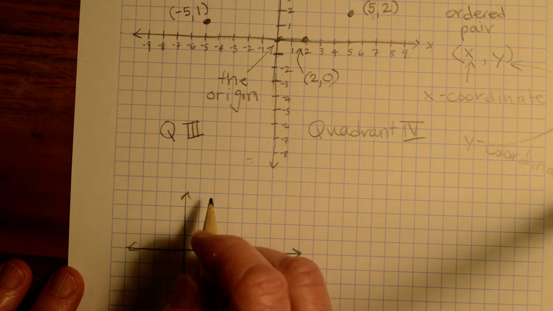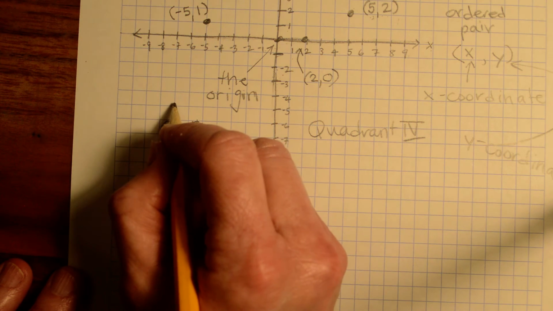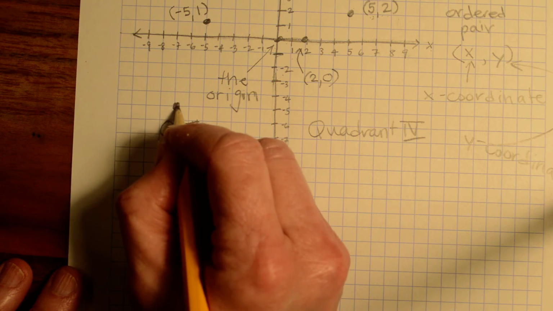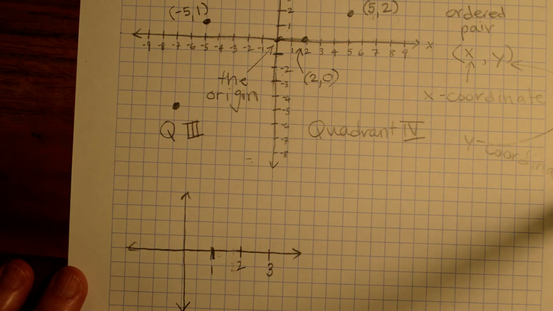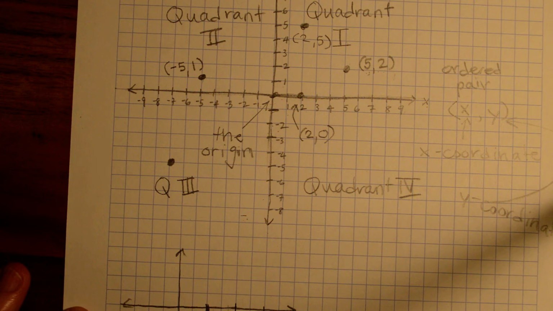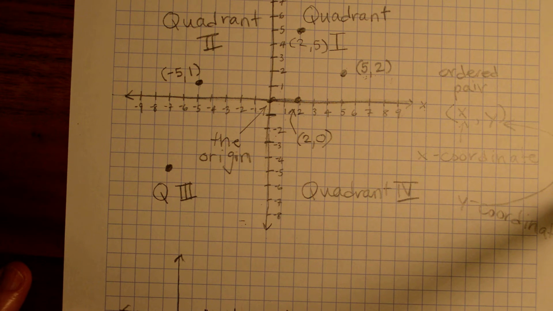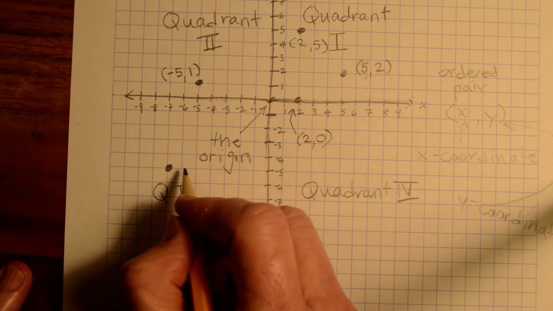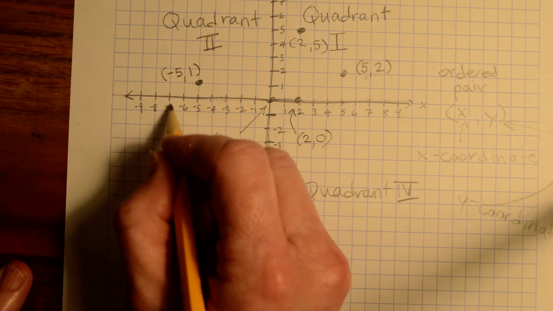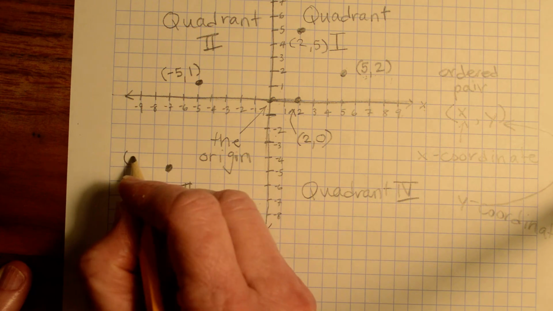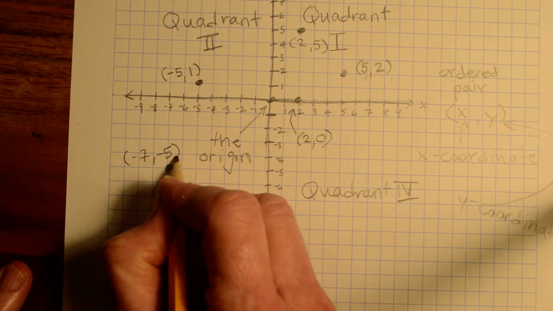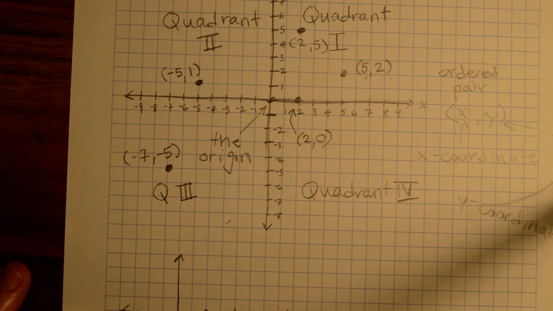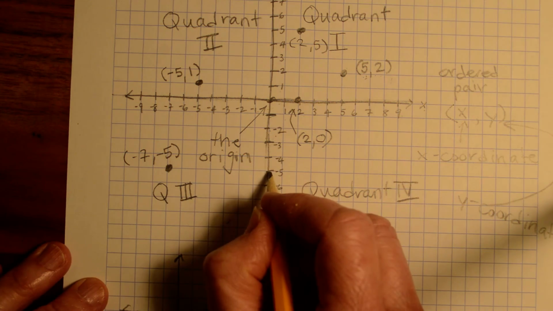All right, how about, let's say this one. Oh, sorry, I just realized that first one might have been cut off. Okay, this would be the point (-7, -5). All right, and then how about this one?